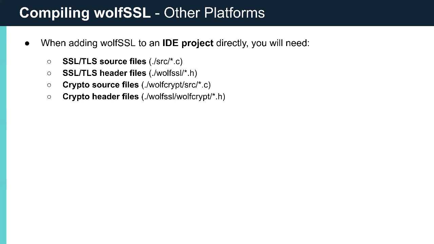So you'll find our SSL and TLS source files under the ./src directory, the SSL and TLS header files under the ./wolfssl subdirectory, the crypto source files under wolfcrypt/src, and the crypto header files under wolfssl/wolfcrypt. And there are some files that you can conditionally compile in depending on feature set. Most of the time that comes into play when there's assembly optimizations being used, and only certain files apply to certain architectures.